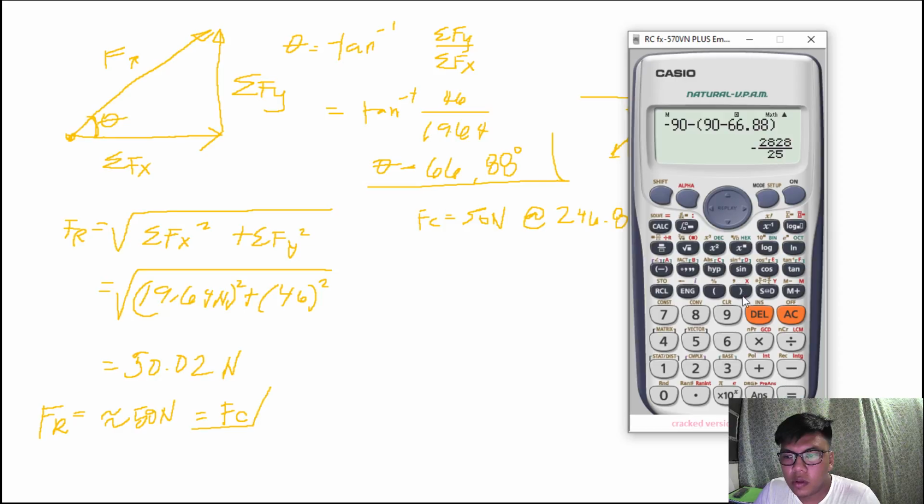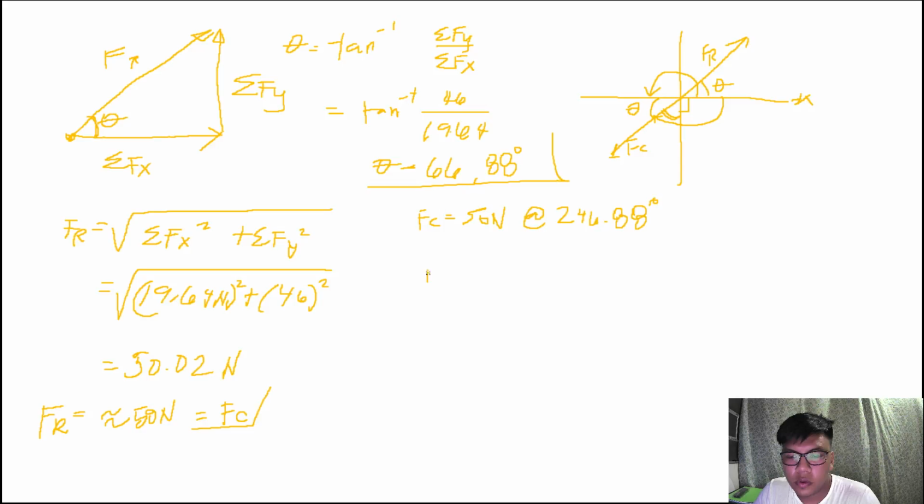So that will be equal to 113.12. So can be 50 Newton at a negative 113.12. So pwedeng ganyan, yun yung sagot. Dalawa, pwedeng counterclockwise yung direction, pwede rin namang clockwise.